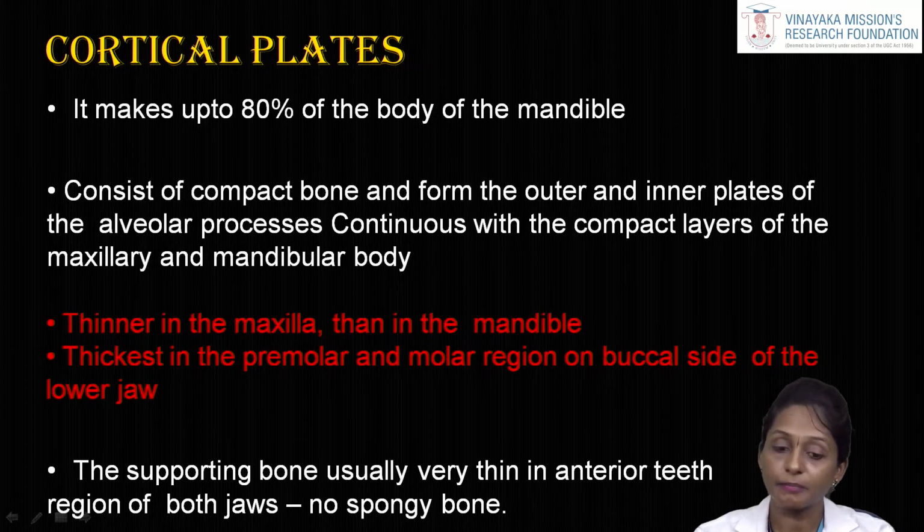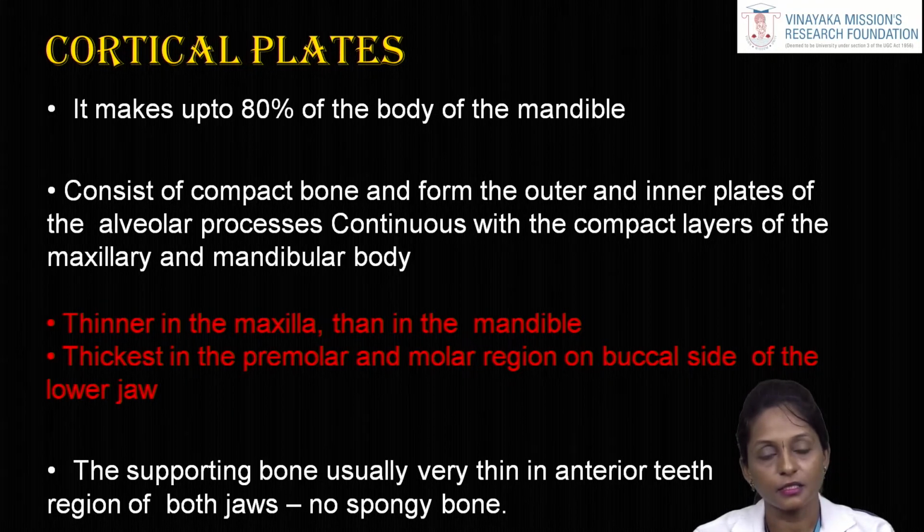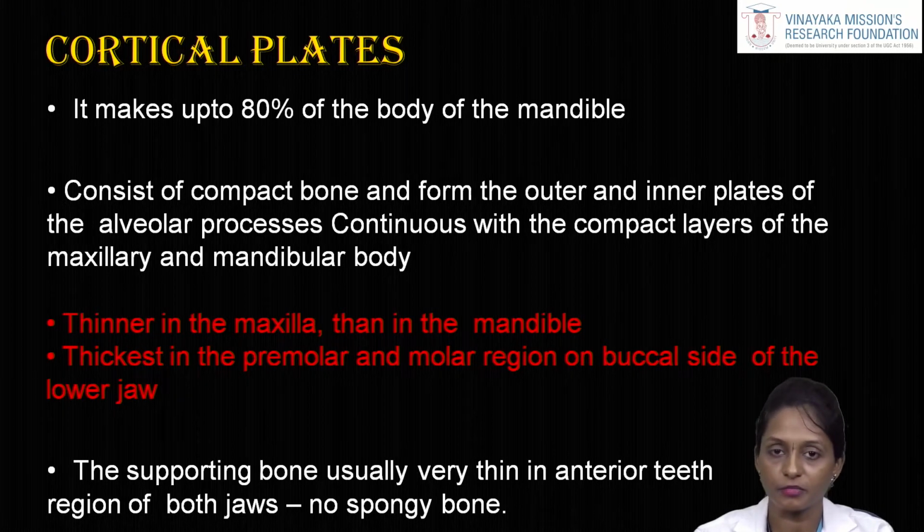It makes up to 80% of the body of the mandible. It will be thinner in the maxillary region and thicker in the mandibular region, and thicker in the premolar and molar region on the buccal sides of the lower jaw. The supporting bone is usually very thin in the anterior region of both jaws.